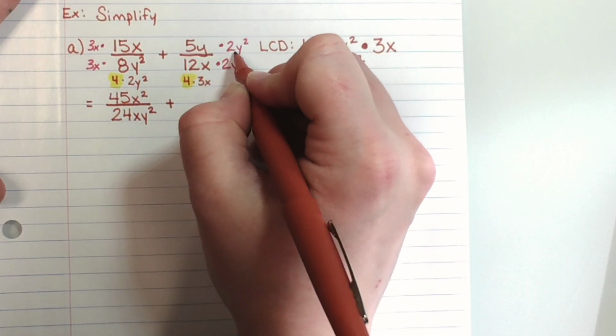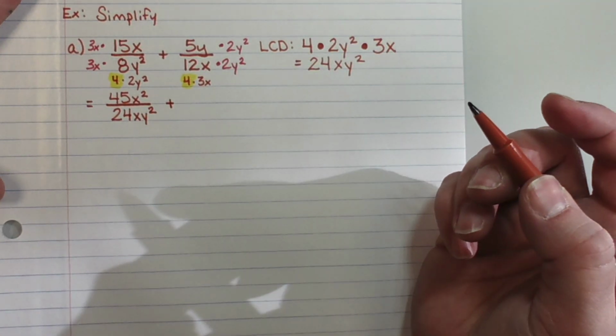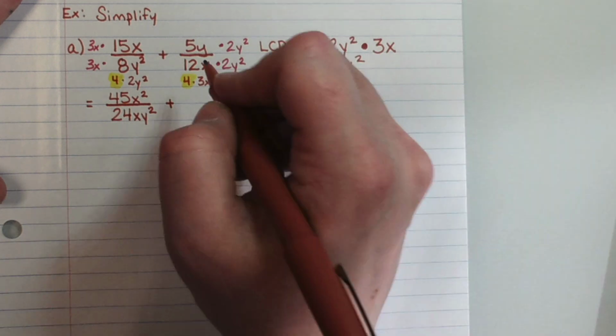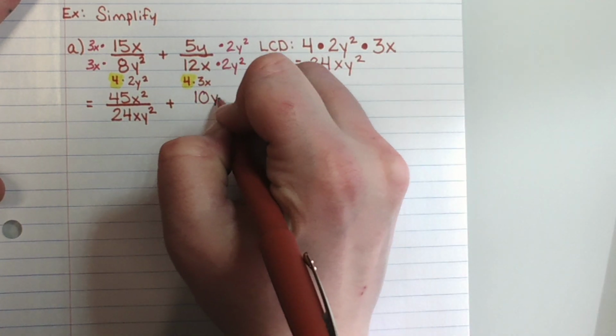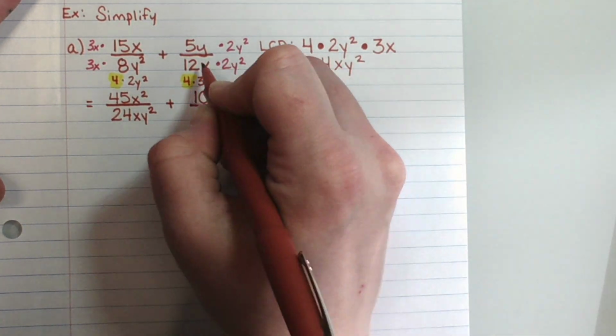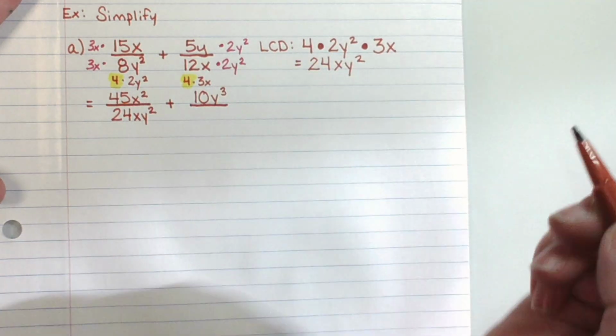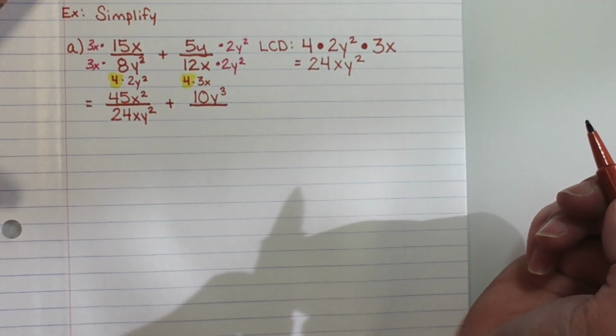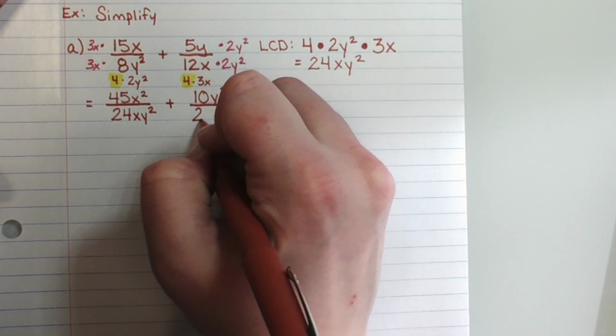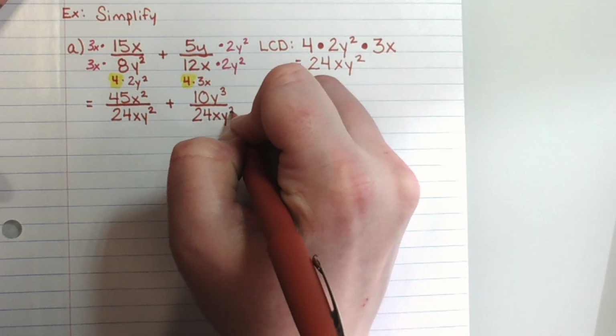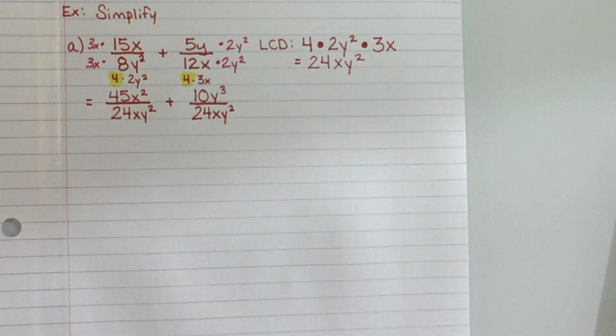What is 5y times 2y squared? 10y to the 3rd power. Is 12x times 2y squared 24xy squared like it's supposed to be? Yes. Sweet. Once we have the common denominator, what do we do? Add straight across the top and the bottom? Just the top.